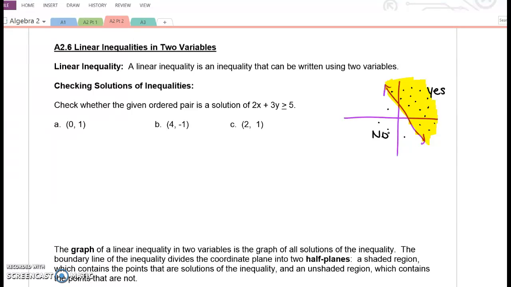To check whether or not an ordered pair is a solution, you're basically going to plug that point in and see if it makes a true statement. So, if the x and y values, if the point creates a true statement, then it's a solution.